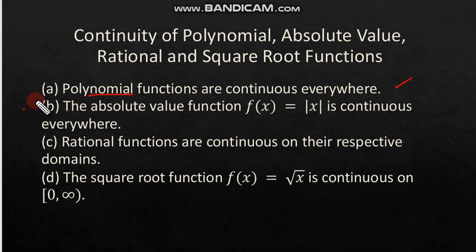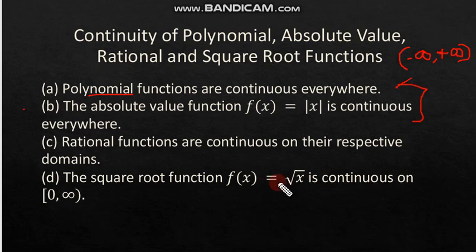The absolute value function f of x equal to the absolute value of x is still continuous everywhere. So for a and b, it means that our function is continuous from -infinity to positive infinity. There is no discontinuity in any part of the domain of x.